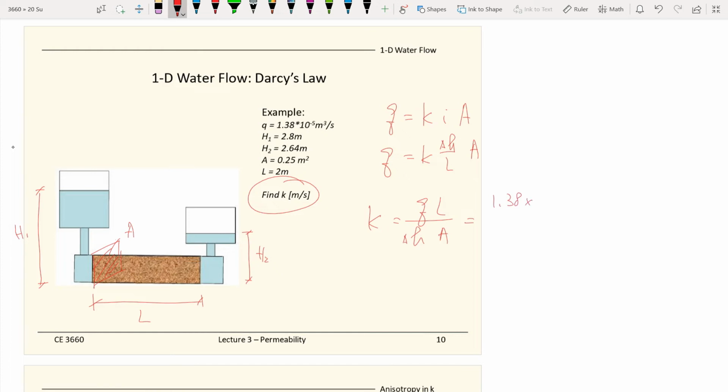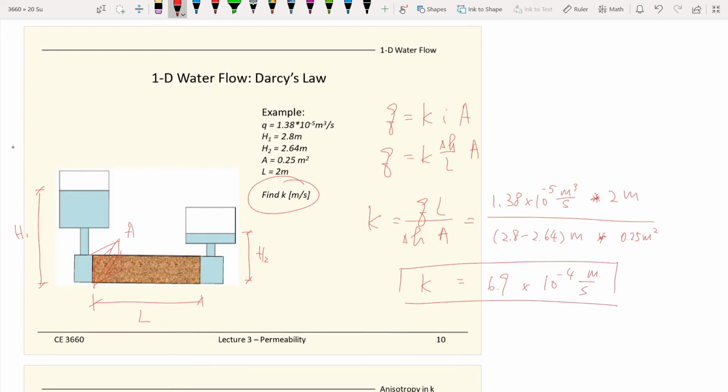Every time we do any calculation, no matter how simple it is, I recommend you always put down the units. Times 2 meters divided by the delta H here, which is 2.8 minus 2.64 meters, and then times the area, which is 0.025 square meters. You solve this math and you get K equals 10.69 times 10 to the negative 4 meters per second.